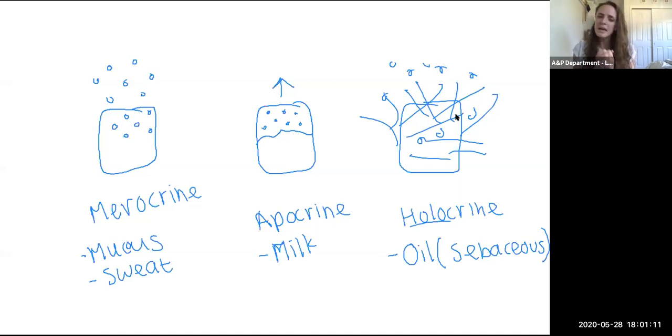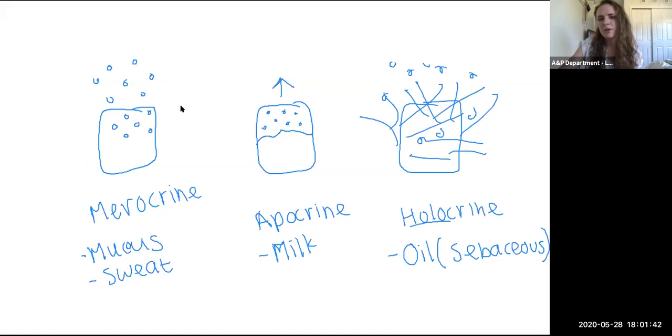Okay, so our big example of a unicellular gland, or just one cell that secretes something, is going to be your goblet cells. We talked about this earlier. It's going to be a type of simple columnar epithelium, but what it does is it's a mucus gland, so it's going to be a merocrine gland, but it's only one cell by itself holding down the fort secreting mucus.